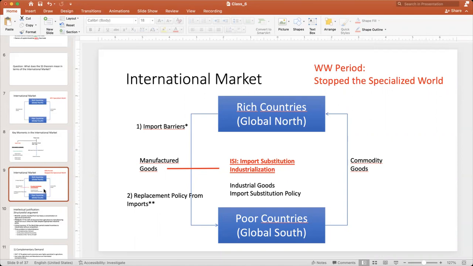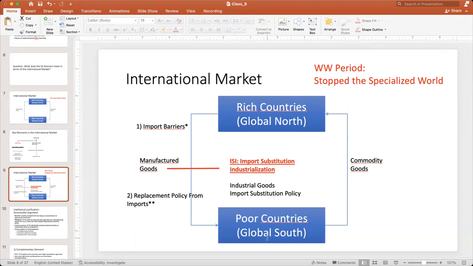Because of that, they couldn't produce, and the labor and the firms were completely destroyed by the war and the economic turmoil. So they couldn't produce normally, and the international flows stopped.